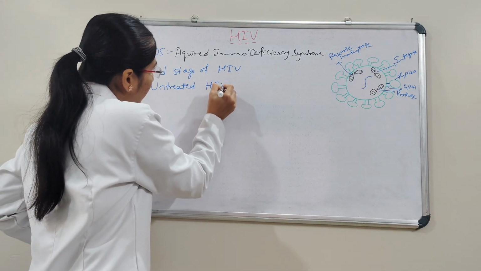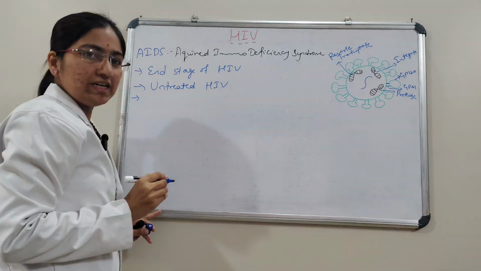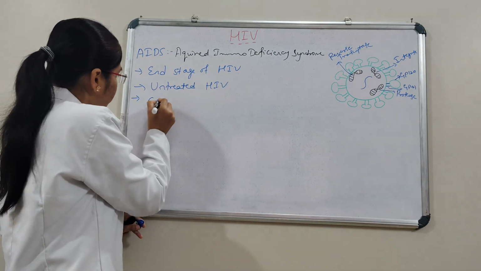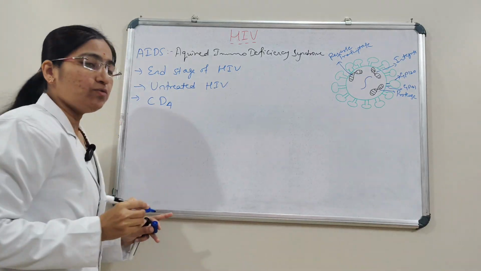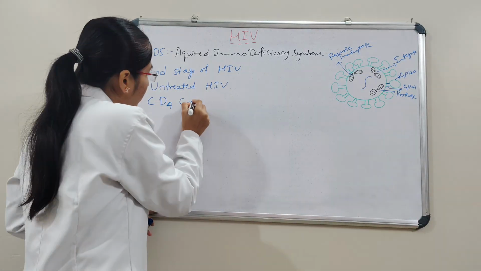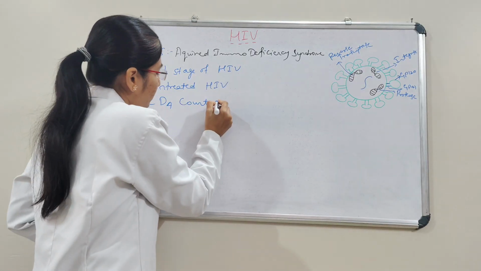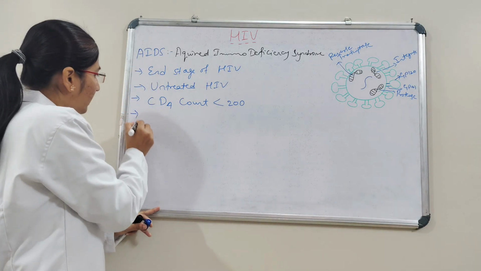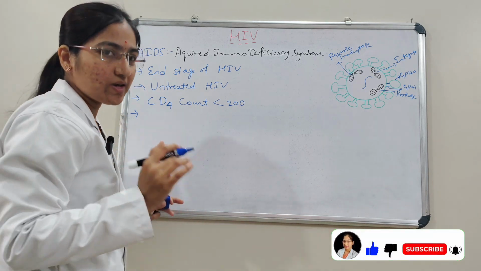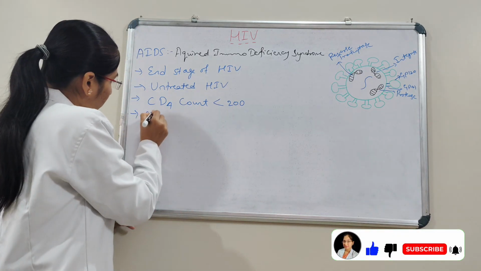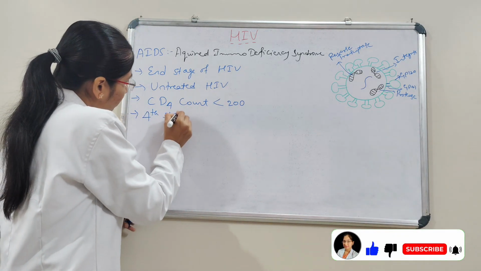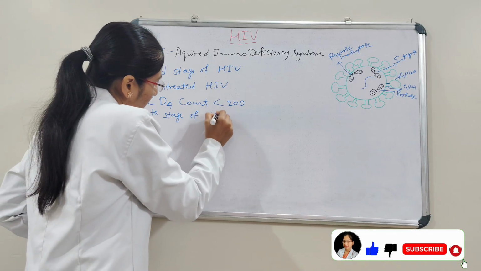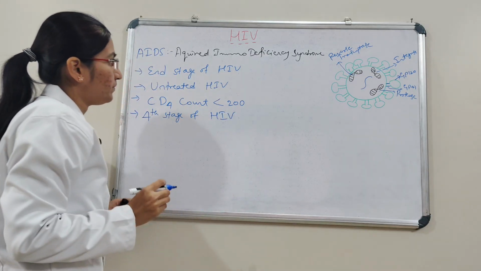The CD4 count is less than 200. We can also call it the fourth stage of HIV.